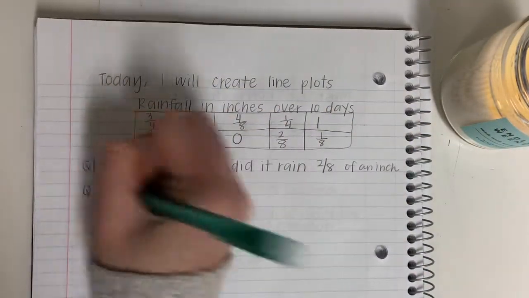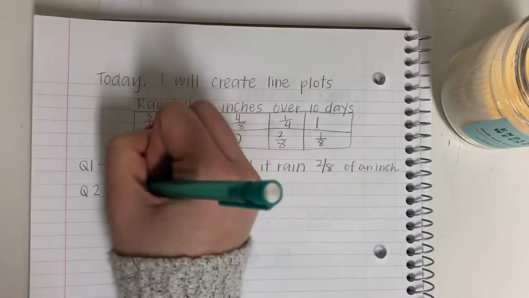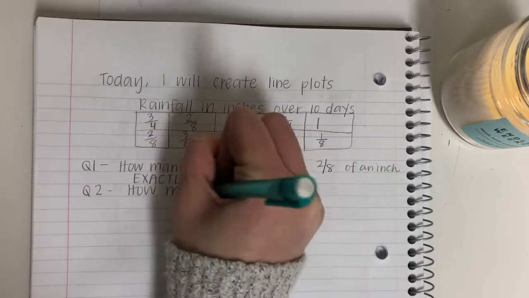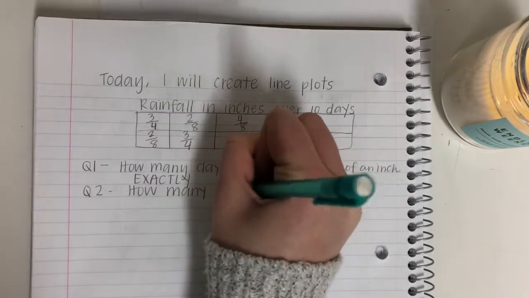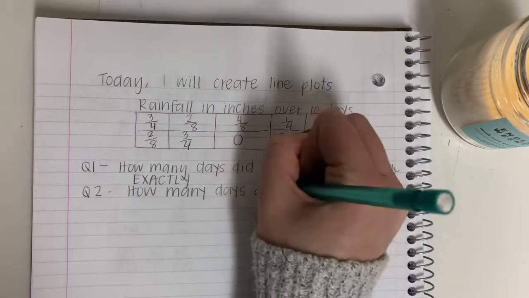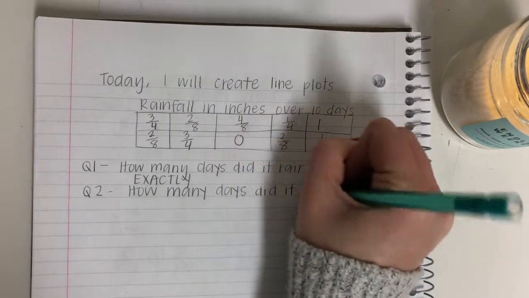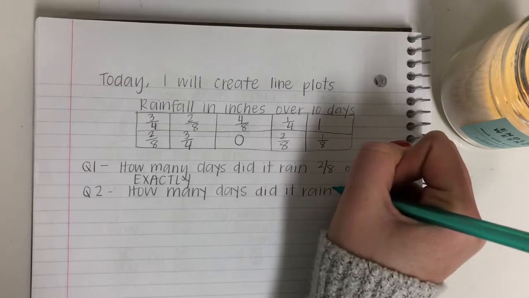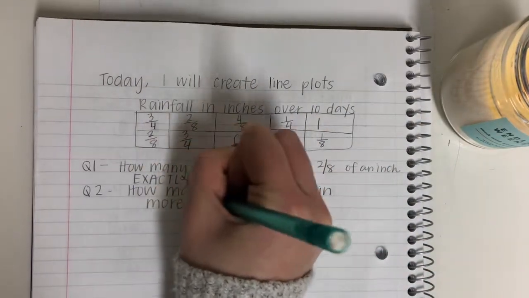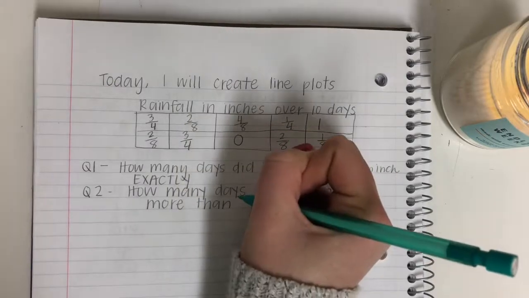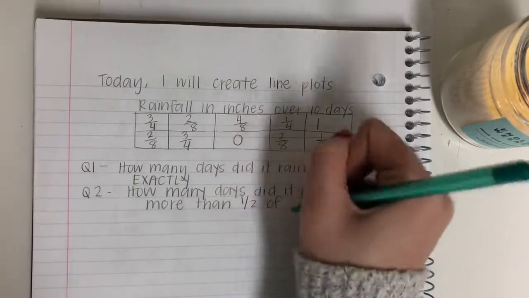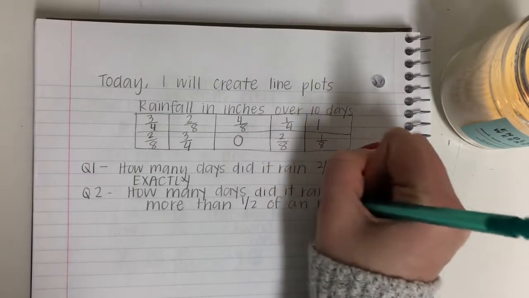And then question 2 is how many days did it rain more than 1/2 of an inch.